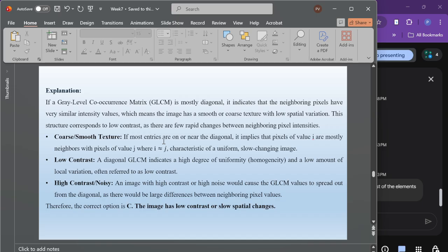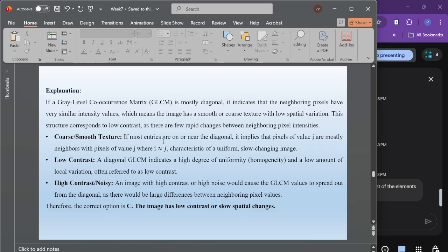So that is a coarse and smooth texture. We have already solved one problem on that also. If most entries are on or near the diagonal, it implies the pixel value i is mostly neighboring the pixel value j, where i is approximately equal to j, characteristic of a uniform, slowly changing image.